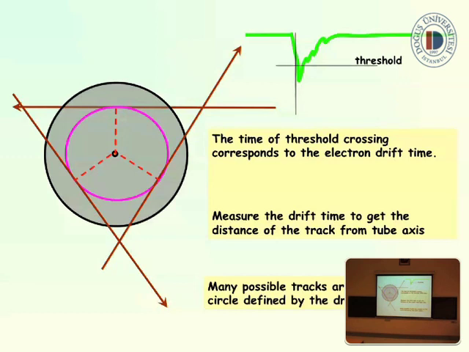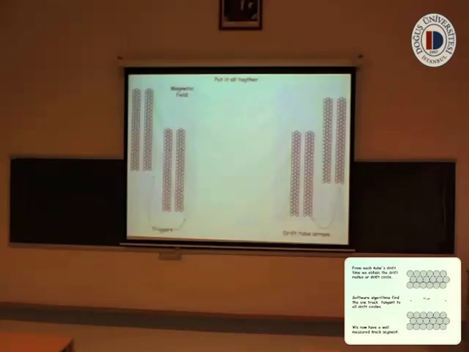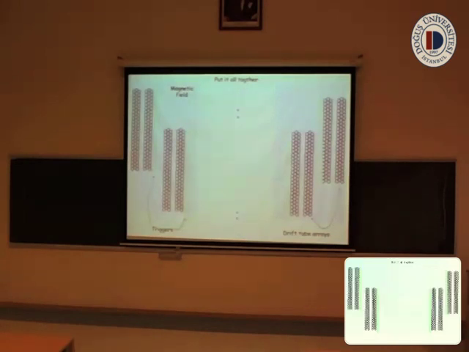Okay, so let's answer these questions, and let's come back to them once we build detectors together. So we put detectors in the magnetic field, and then we have muons. In the beginning we don't have muons, we only have hits, as I already said. Then we build the segments.